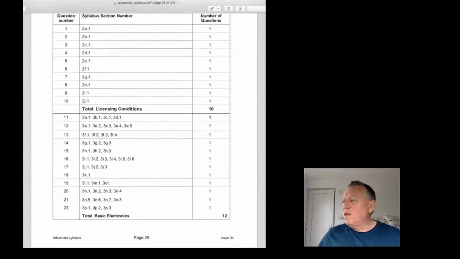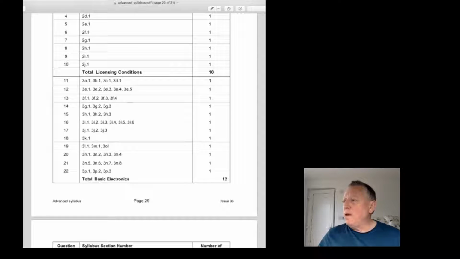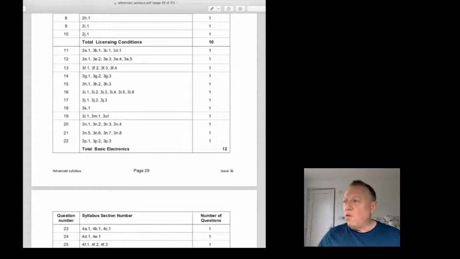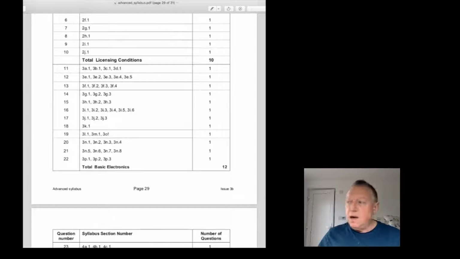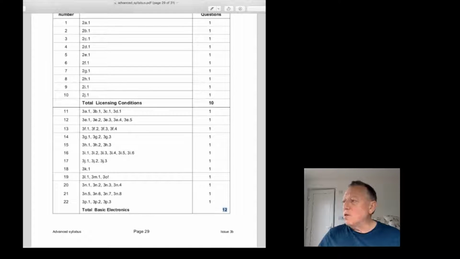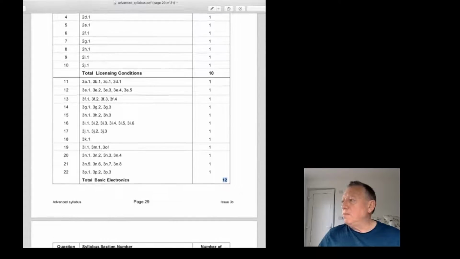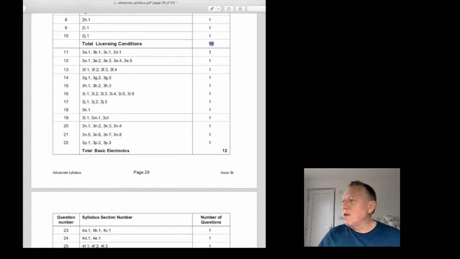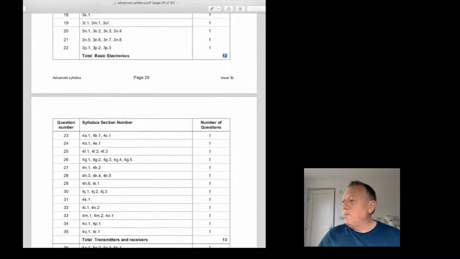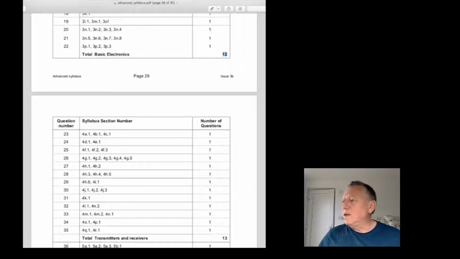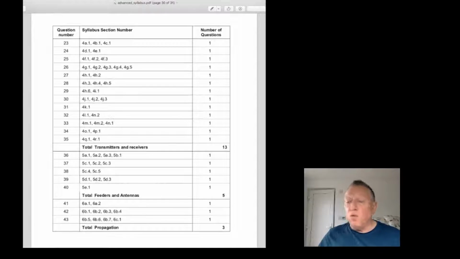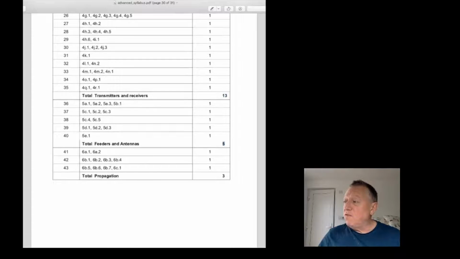Now, a lot of these formulae fall into section 3, and you can see that section 3 accounts for only 12 marks out of the total. If you look at the licensing conditions, it accounts for 10, section 3 12, and transmitters and receivers, some of them fall into transmitters and receivers to be fair, 13, feeders, some of them fall into that as well, 5.